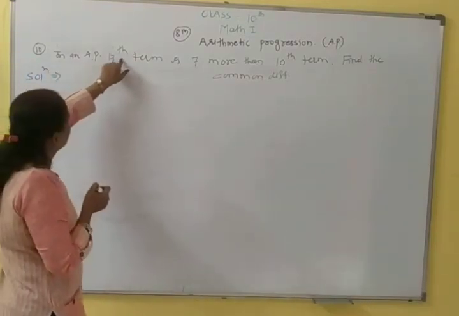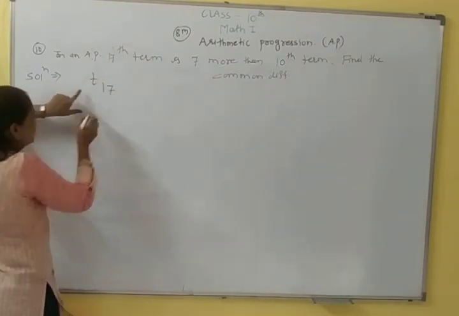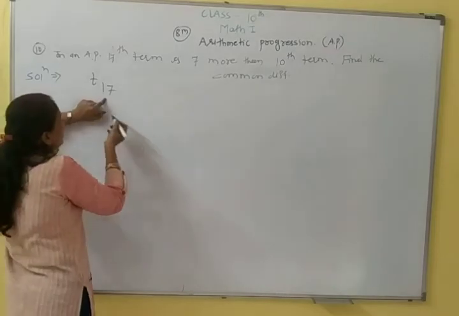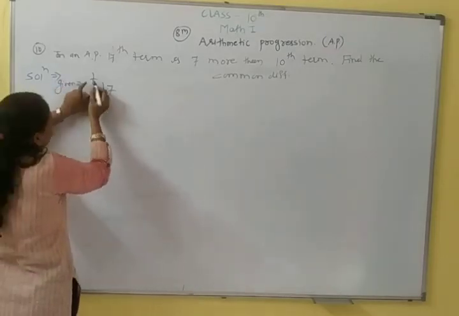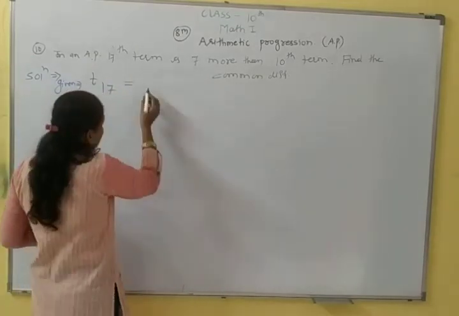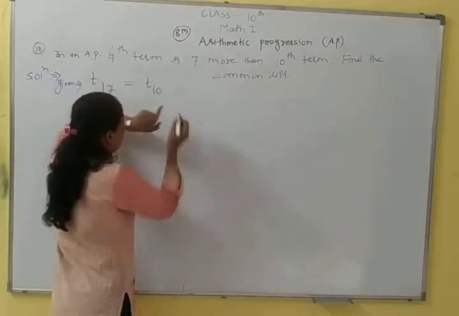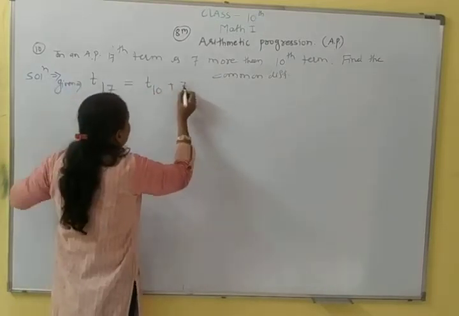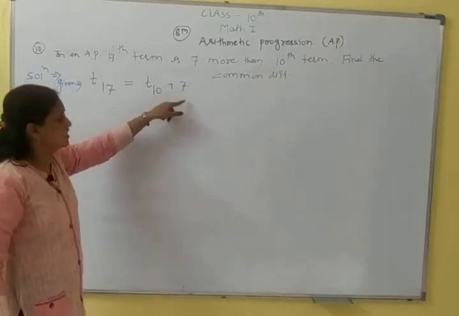In an AP, the 17th term, T17, is 7 more than the 10th term. The 10th term is denoted by T10, and 7 more than means plus 7. This is the equation: T17 equal to T10 plus 7, this is given.